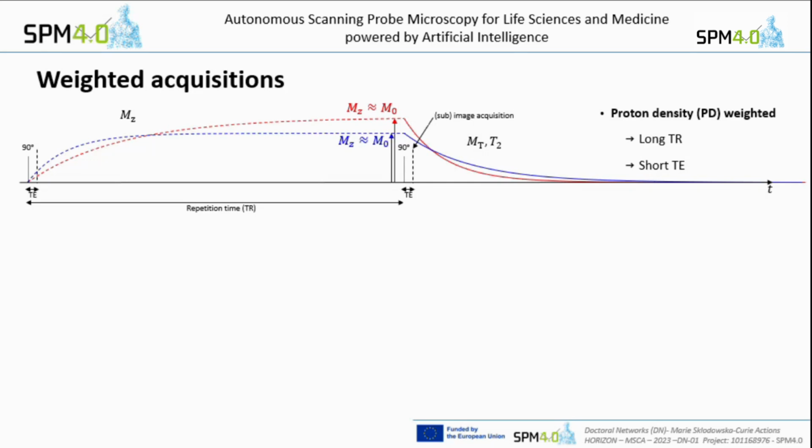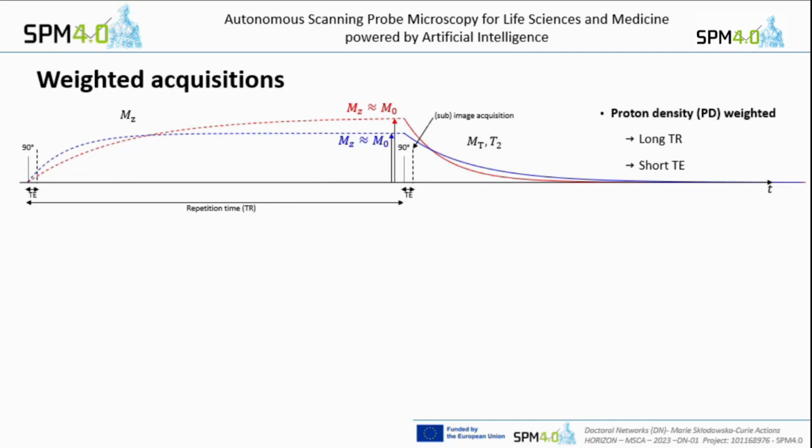After the 90-degree flip angle, everything is flipped into the transversal direction, and now we slowly recover the Z magnetization. If we wait for a really long time with TR, then you have a full recovery of MZ, and MZ is the same as M0. Then we start our second 90-degree flip, and basically everything goes transversal again.